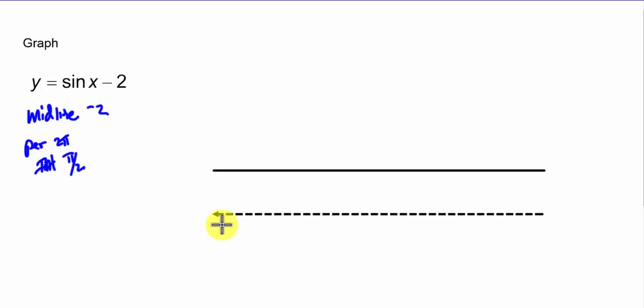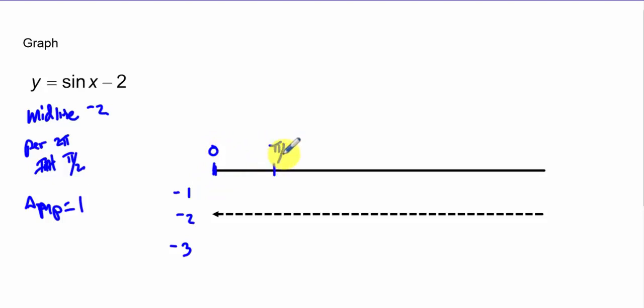Notate that as my midline. And here's -1 and -3, and I'm putting this because I know my amplitude is still 1. Now, I will notate my intervals the same way as I used to.